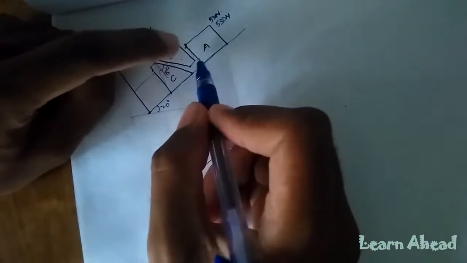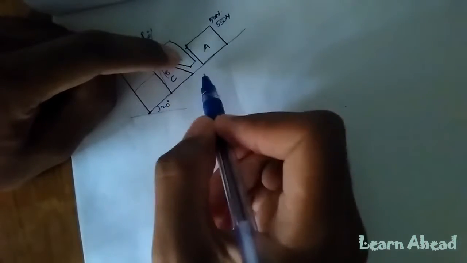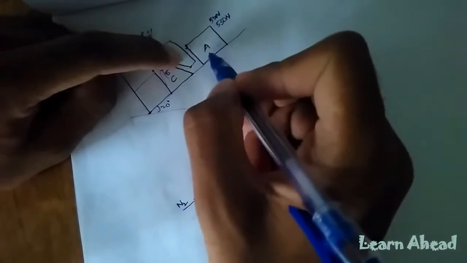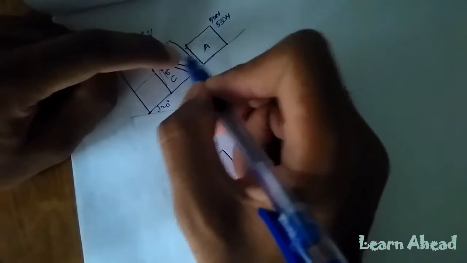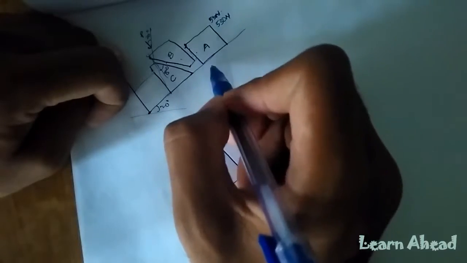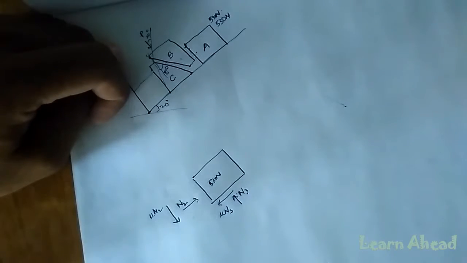And again, this block B has the tendency to move down. So when block B is moving down and A is at rest, the friction will want the relative motion to stop. That is, the friction will want A to be dragged down along with B, so that there is no relative motion between A and B. So therefore we can say, right, these are the only forces which are acting.